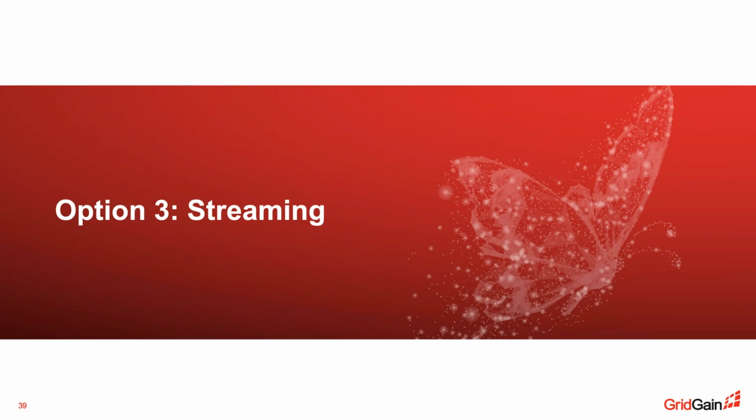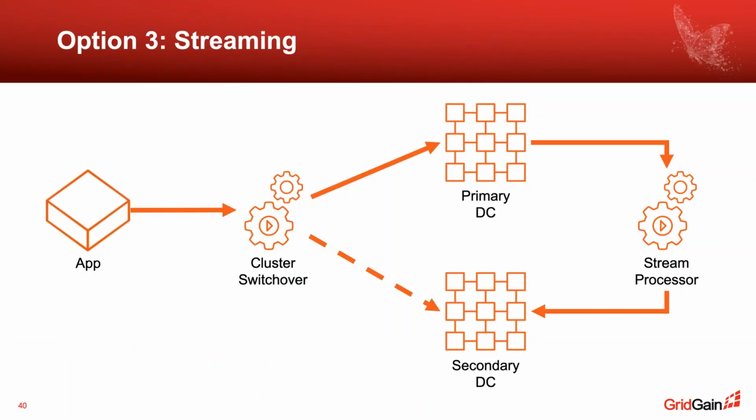So we talked about backup-based DR and stretched cluster. Now let's talk about the next option, and this is a continuous streaming of changes between our systems, which may also be called a type of change data capture, CDC.